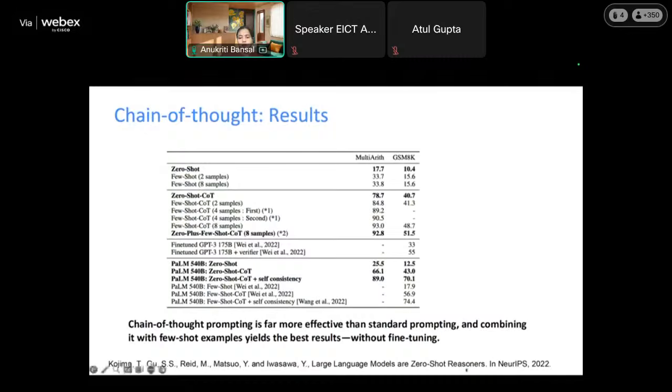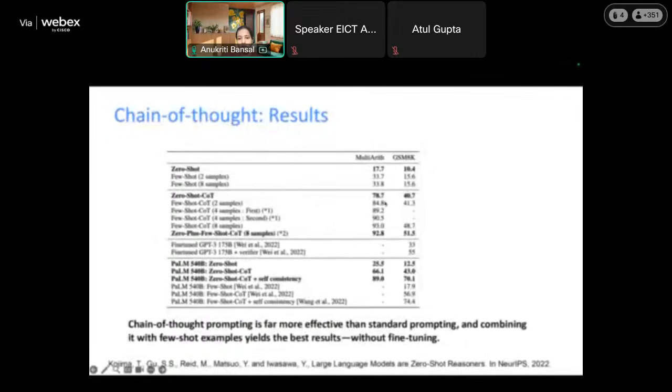So these are the results which were published in the NeurIPS 2022 paper, where they compared chain of thought prompting with zero-shot and few-shot examples. So this is GSM8K, which is basic school mathematics, and this is also multi-step mathematical calculations, and on both these benchmarks, you will see that chain of thought prompting has given better results.